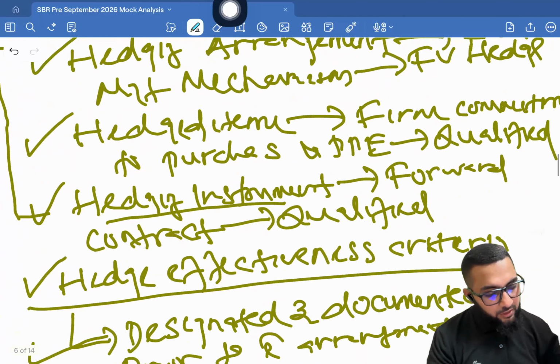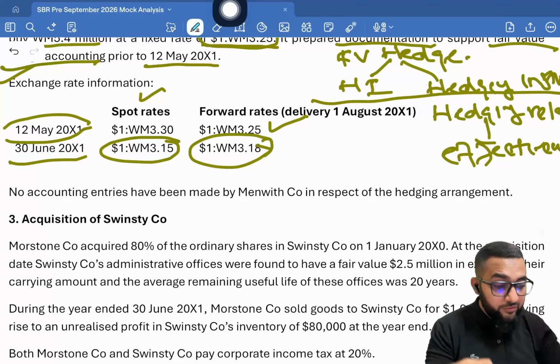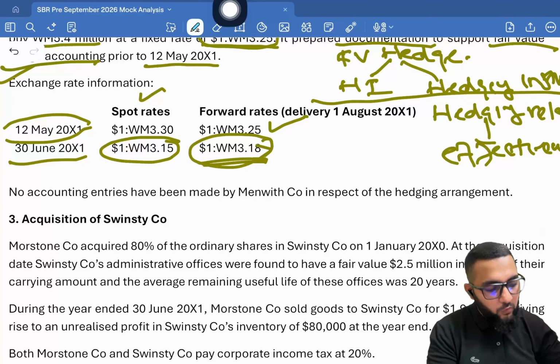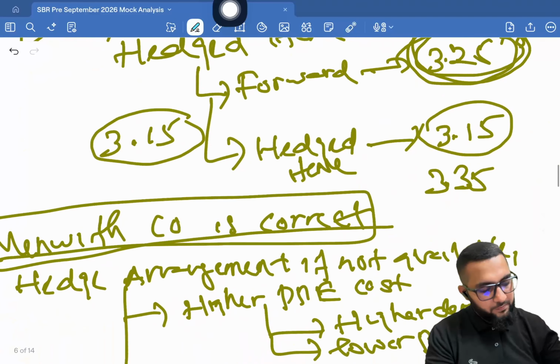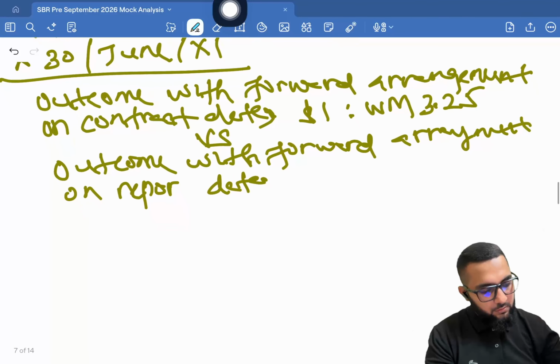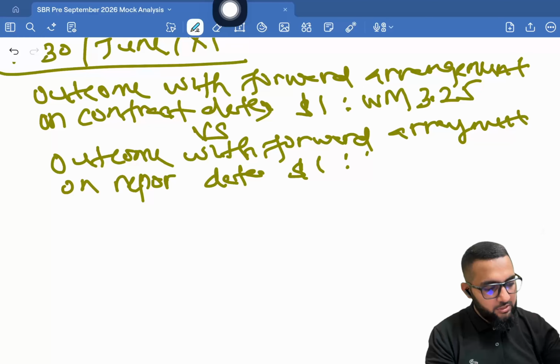Assuming that on 12th of May you got into the forward contract, the forward rate was 3.25. But if you get into a forward contract on 30th of June, then it becomes 3.18. $1 is RM 3.18.